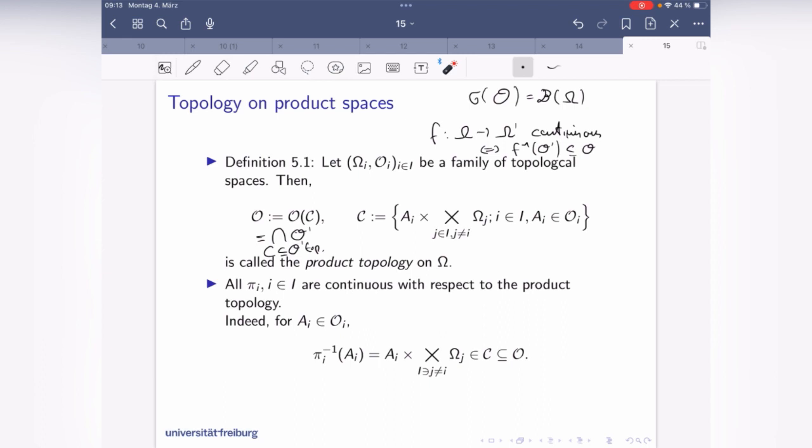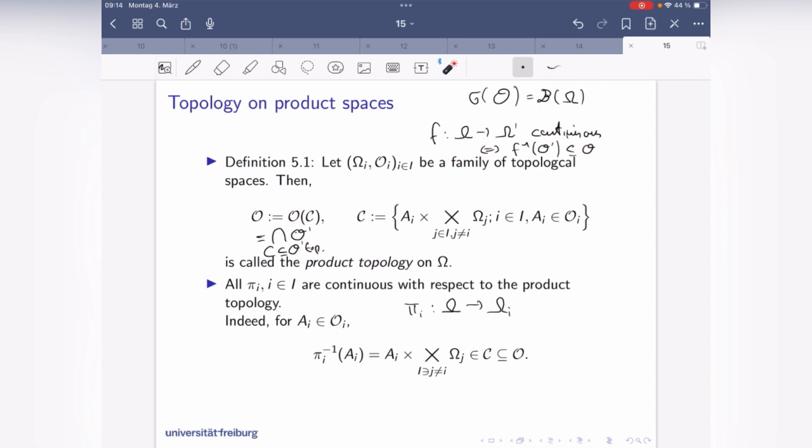Projections are continuous. I have to have an open set in O prime. So what's O prime here? So the pi_i, they go from the full set, let's call this omega, to omega_i. And omega_i has the topology O_i, and the pre-image of the projection on A_i, that's A_i cross product with all the omega_j's, which are the full set.